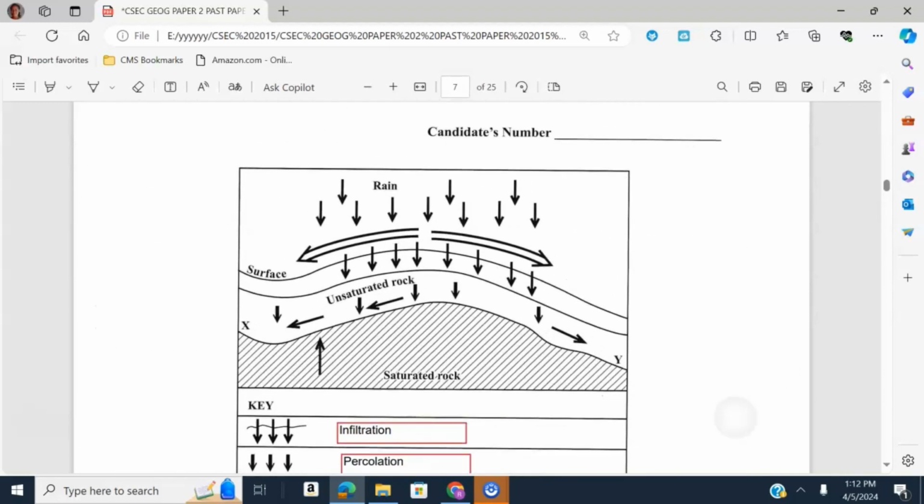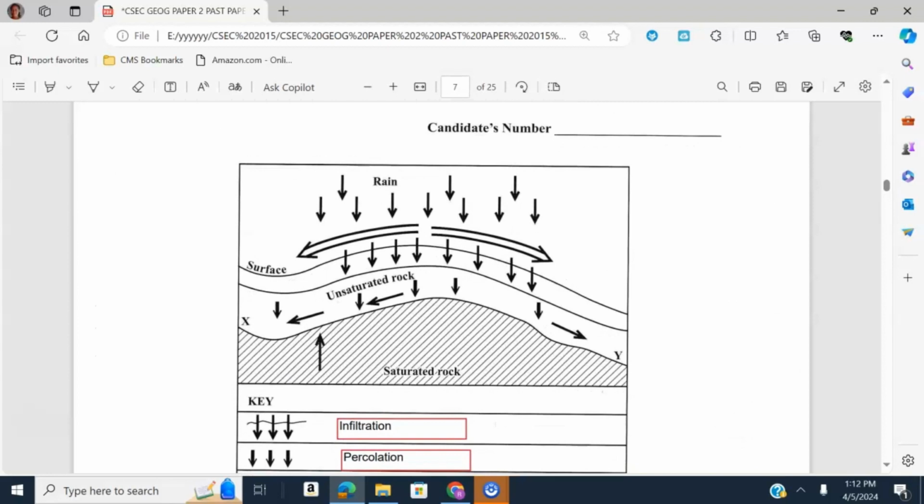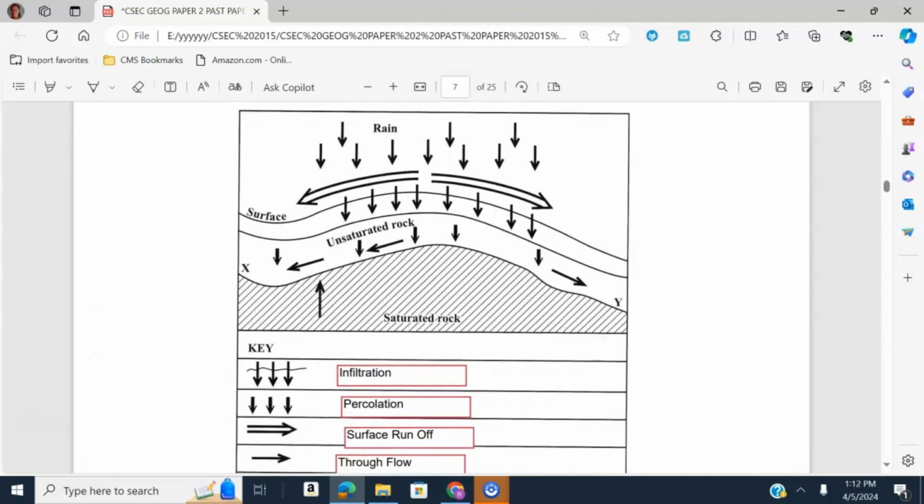So this is the figure that they gave, and this is showing you the movement of water. Now what you need to do is to fill out the key, and the key has five different parts, symbols. So let's get to it. So this part here is known as infiltration.